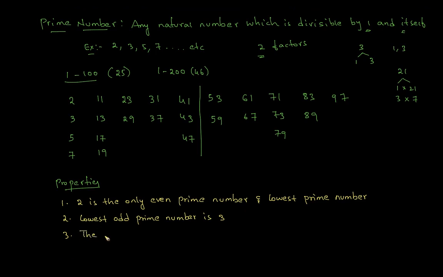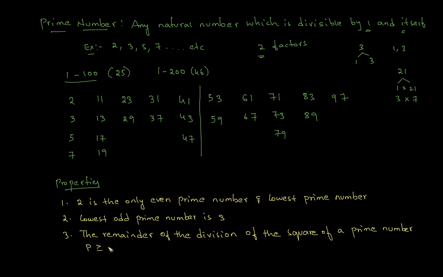The remainder of the division of the square of a prime number, that is p greater than or equal to 5.